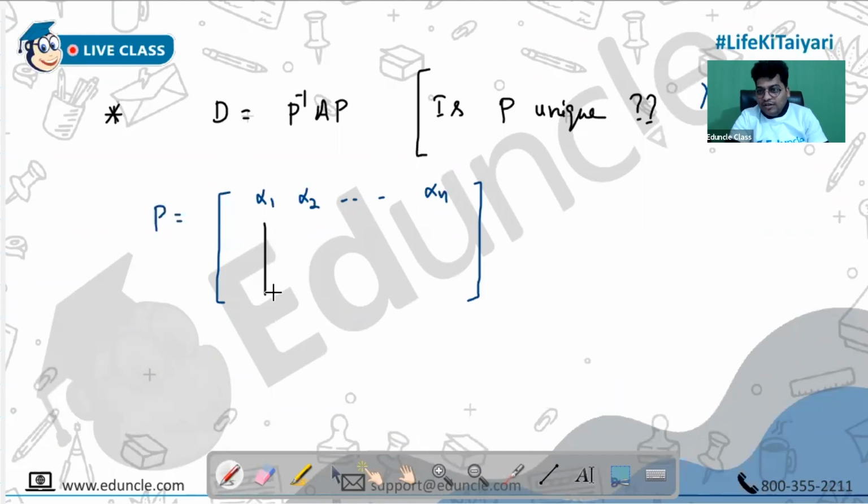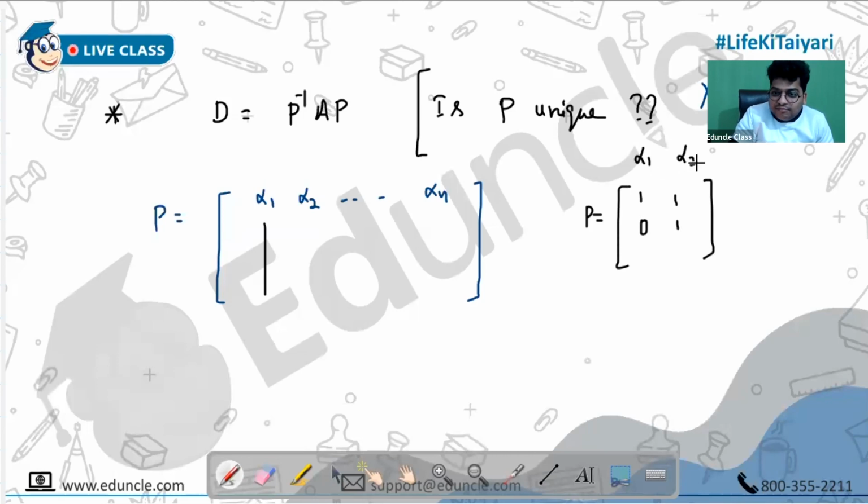I am telling this for diagonalization. In diagonalization, let us consider you have a matrix, and let us consider you have the eigenvectors 1, 0 and 1, 1. This is the vector alpha 1, and this is alpha 2. Suppose we have a 2 by 2 matrix. Then if somebody writes 1, 0, they can write alpha 1 as a linearly independent eigenvector.